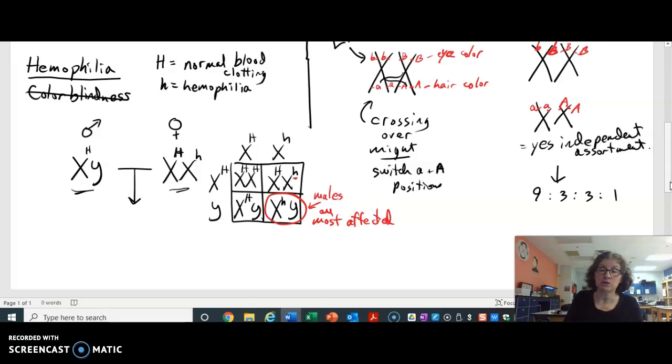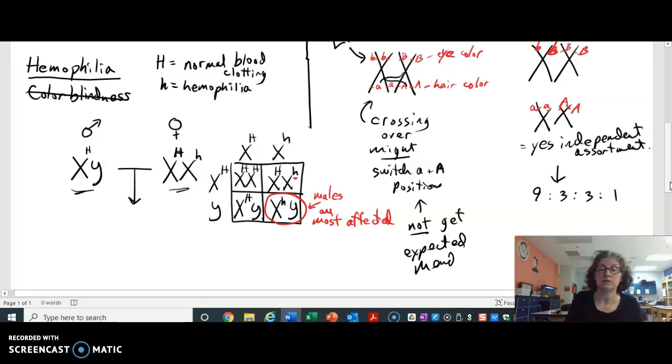If you have linkage, though, you will not get the expected Mendel ratio, right? They're not going to behave as independently assorting and therefore doing that giant Punnett square where you put all those letters together. It won't do that because you have some that are stuck together.